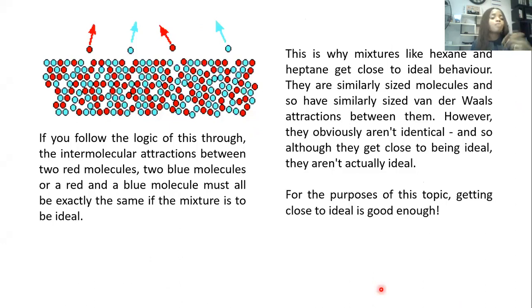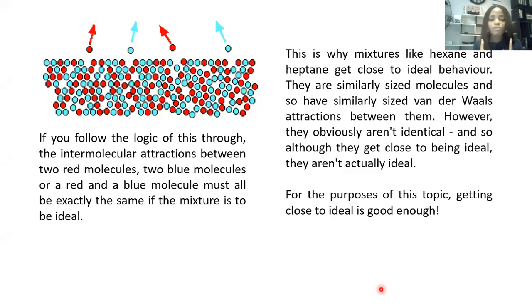The intermolecular attractions between two red molecules, two blue molecules, or a red and a blue molecule must all be exactly the same if the mixture is to be ideal. This is why mixtures like hexane and heptane get close to ideal behavior. They are similarly sized molecules and so have similarly sized van der Waals attractions between them.